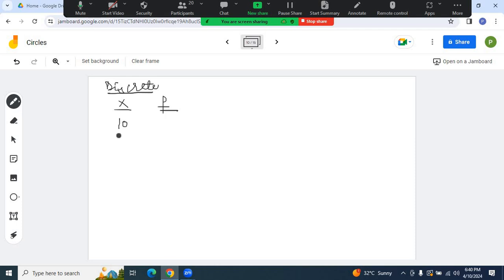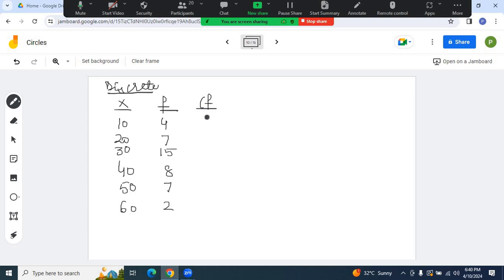Let it be 10, 20, 30, 40, 50 and 60. Let frequency be 4, 7, 15, 8, 7, 2. I hope you remember how to find Q1 and Q3 for this. So for quartiles we require cumulative frequency.